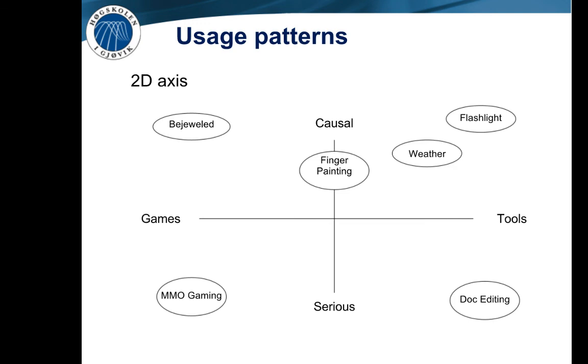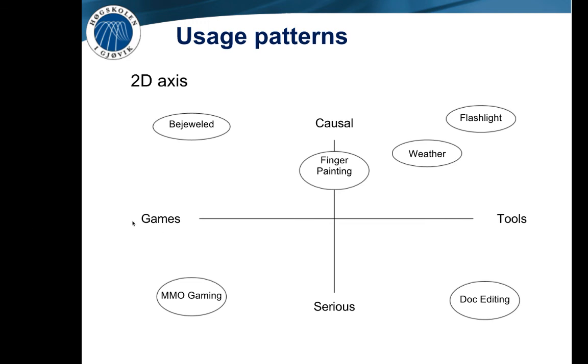you can classify things with a plethora of different axes, right? So here, for example, we have a taxonomy of different apps being classified by how serious or casual they are, and how, you know, entertainment versus utility they are, right? So games are kind of on the left on the screen, and tools are kind of on the right.